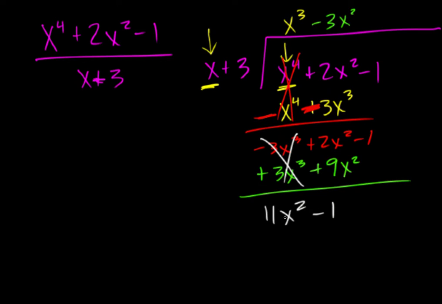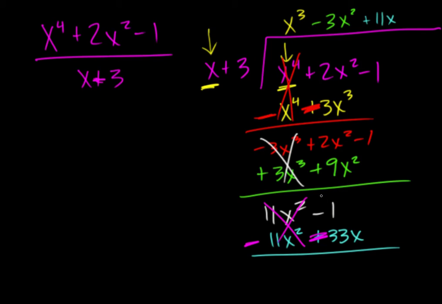Okay, we want to make 11x squared, so we have to do 11x, multiply that back, and that's going to be plus 33x. These, change the signs. These cancel, so it's negative 33x minus 1.